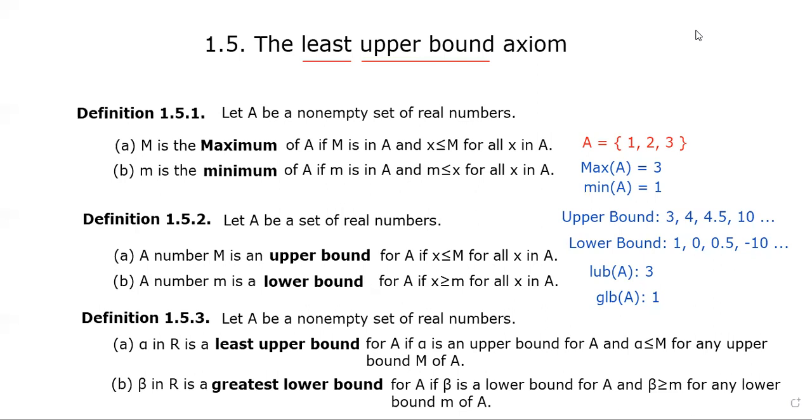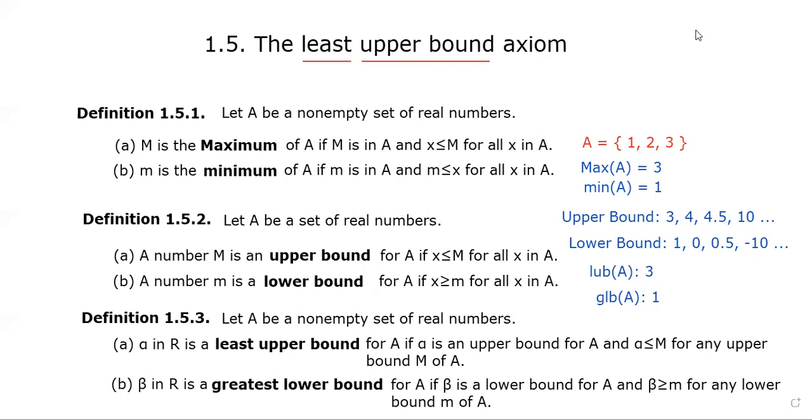So what we have understood about the upper bound is that it works the same as the maximum, except that it doesn't have to be in the set. We will see that very clearly in the example, but it's going to be just after finishing all the definitions, because I want to make this very simple and short for you. So I think now we have understood what is an upper bound.